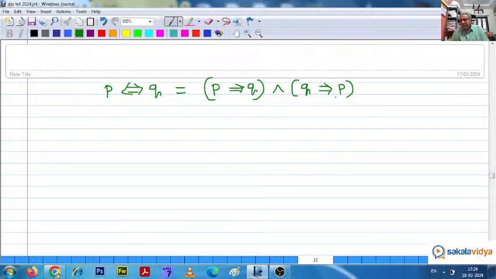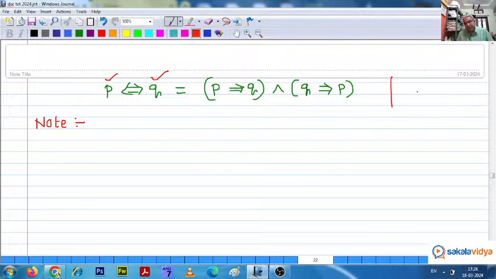From this we can write the truth table. The truth table is very important. In this truth table you remember this note: if P and Q have the same truth value, then P if and only if Q is true.